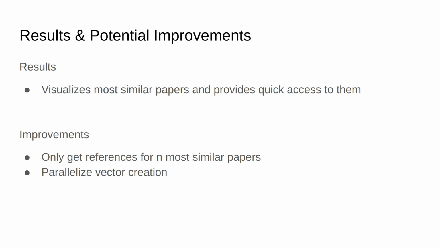Currently, I get all of the references to a certain depth. To speed it up and get more relevant information, I could only get references for the most similar papers. So from Attention Is All You Need, I get all of the papers, calculate the similarities, and then take the top 5 most similar papers and then get their references as well, and then do that 3 or 4 times.